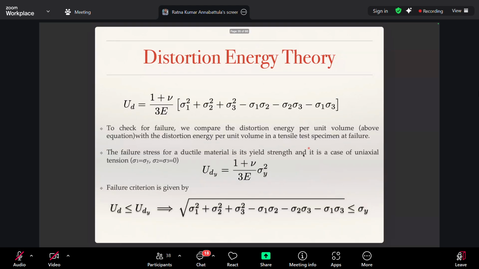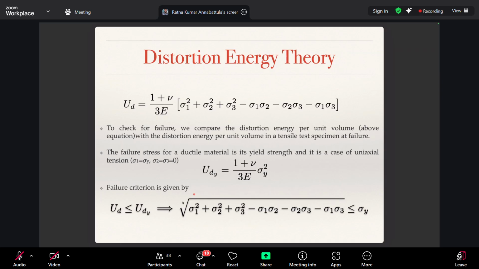Okay. So this is what we call the distortion energy theory. The statement of the distortion energy theory is this: the square root of (sigma 1 square plus sigma 2 square plus sigma 3 square minus sigma 1 sigma 2 minus sigma 2 sigma 3 minus sigma 3 sigma 1) should be less than sigma y for the material to be safe.